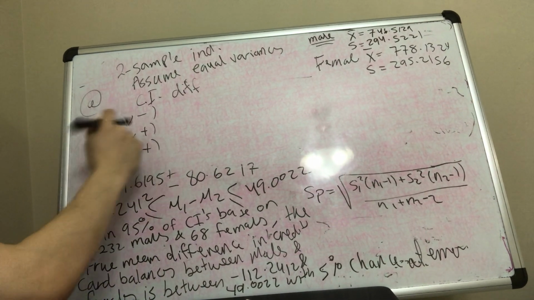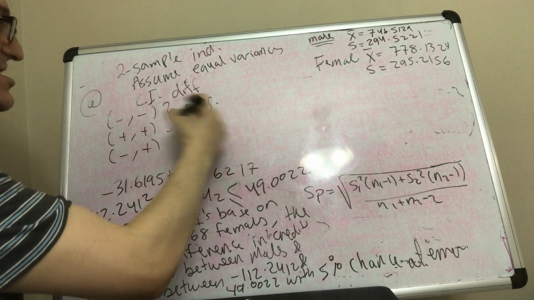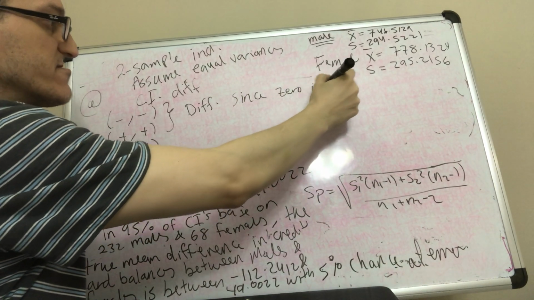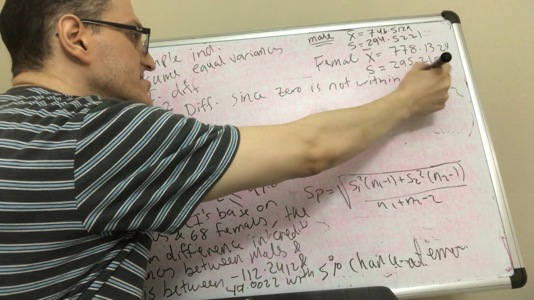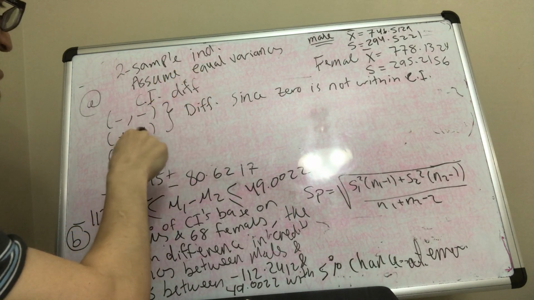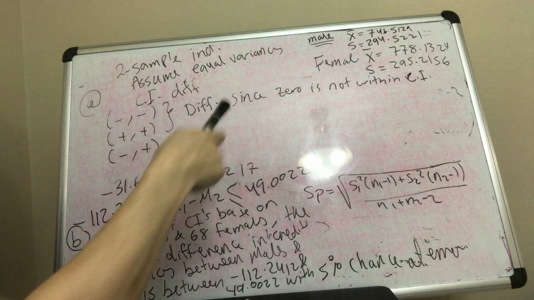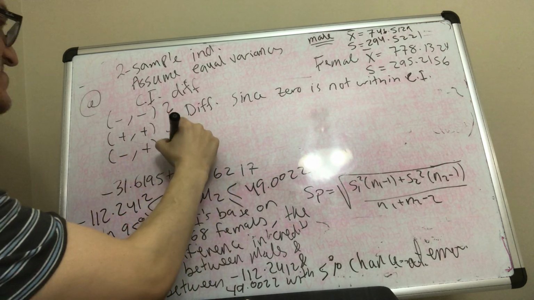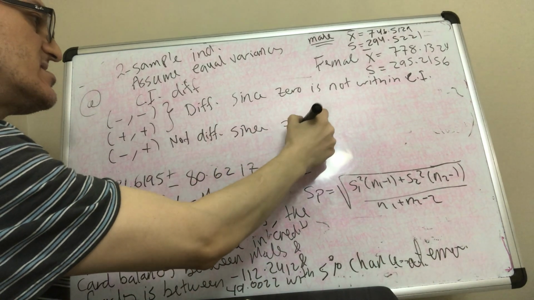If you end up with two negative, negative, positive, positive, that means they're different, since 0 is not within the confidence interval. So, since you're negative, negative, you don't go through the 0, and if you're between two positive numbers, you don't go through the 0, then they must be different. But if you end up with negative, positive, that means they're not different, since 0 is within.